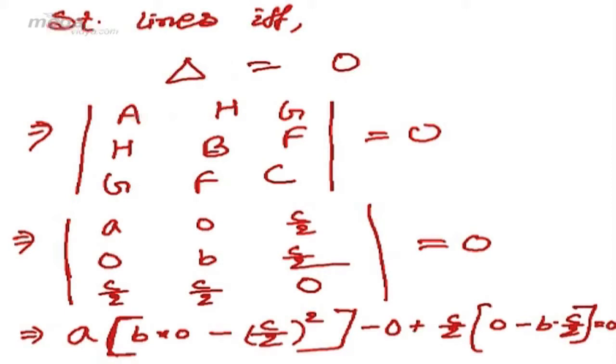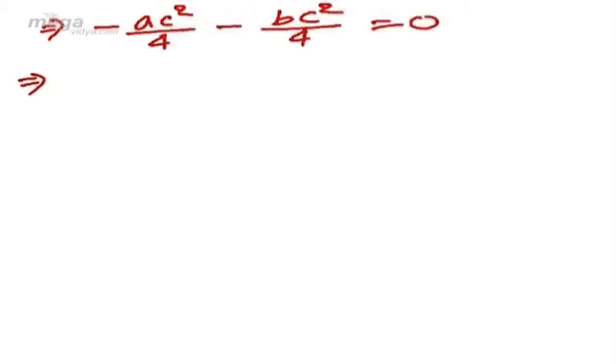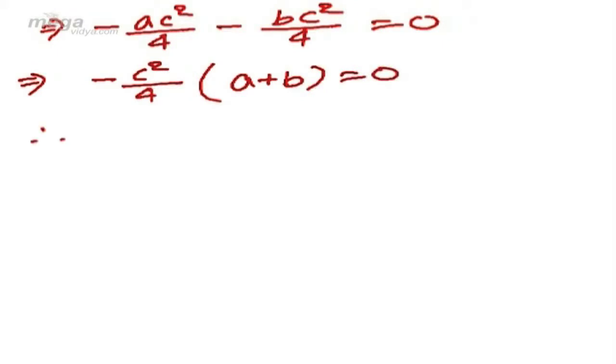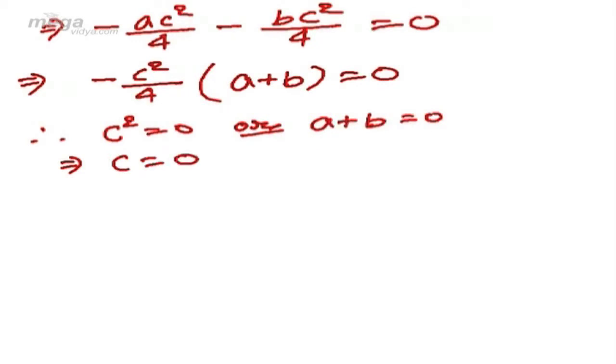Now after simplification, you will get minus ac²/4 minus bc²/4 equal to 0. From here you can take minus c²/4 common. You will get a + b = 0. So therefore either c² = 0 or a + b = 0. Hence c = 0 or a + b = 0.